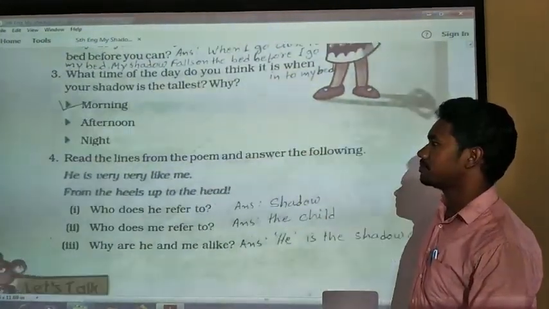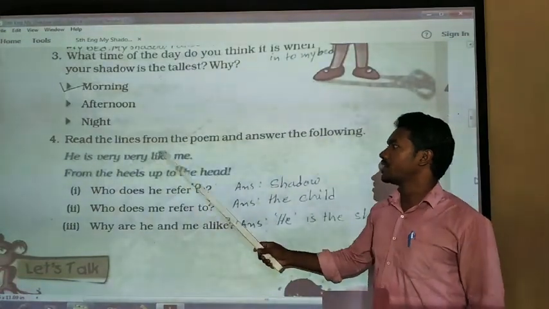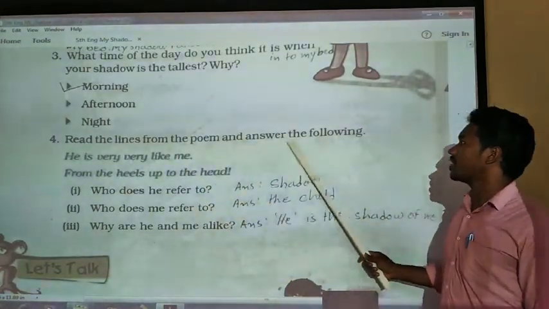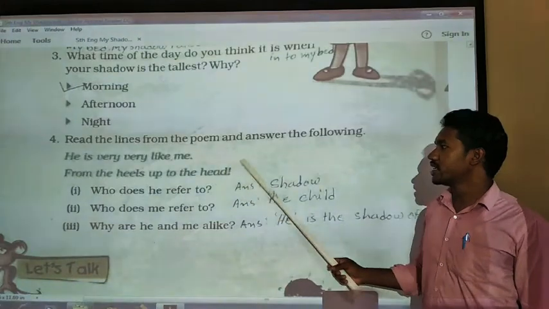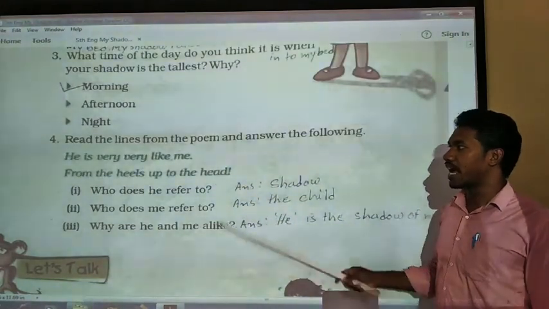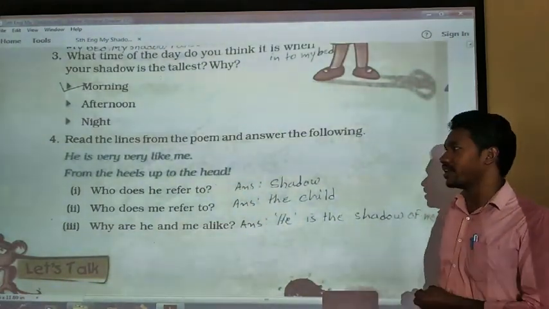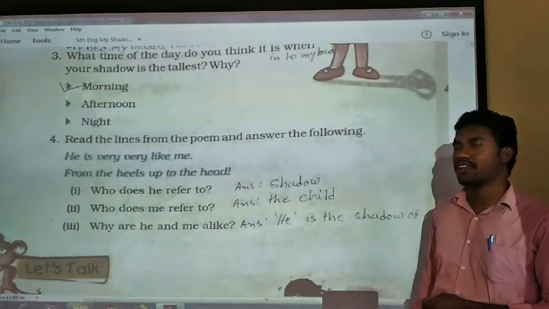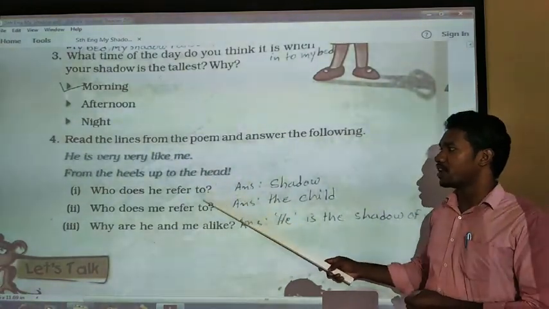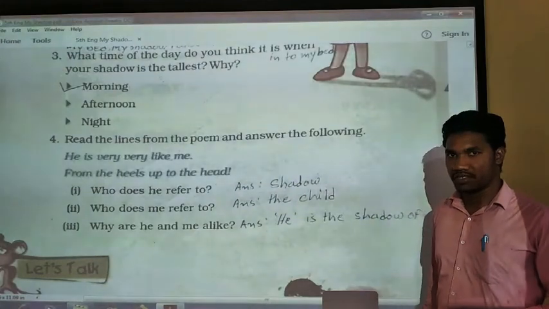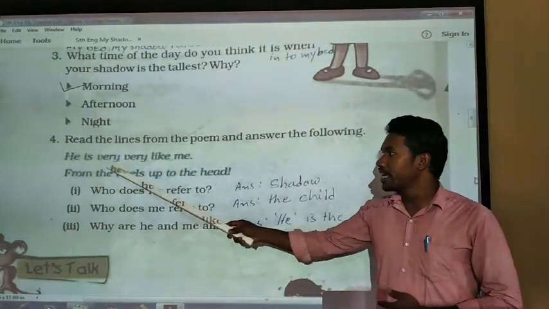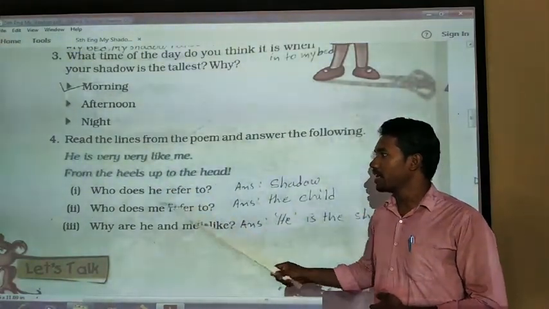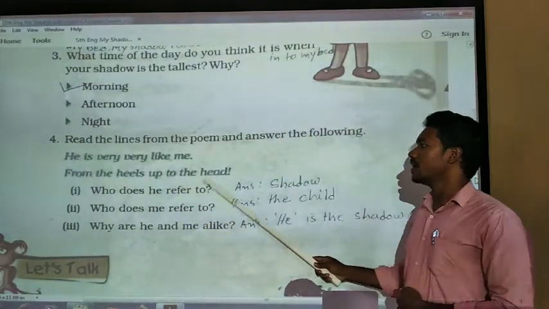Next question. Read the lines from the poem and answer the following. Three questions are given and two lines of the poem are given here for us to understand. After reading this poem we are going to solve these questions. He is very, very like me from the heel up to the head.